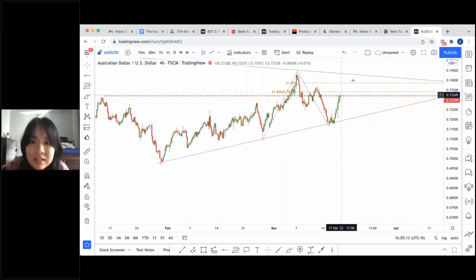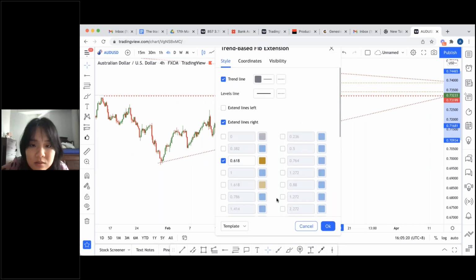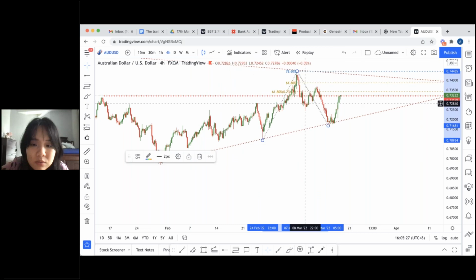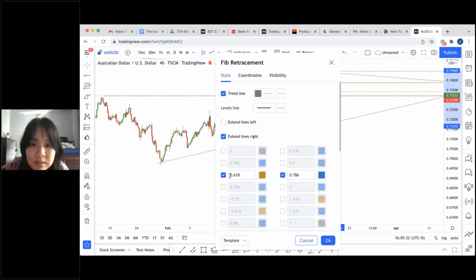So I think it can reach perhaps the next level. I think it's in between these 2 levels. Let's see, the next level is 78.